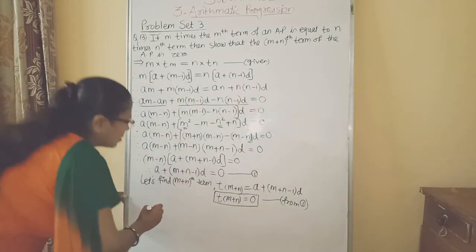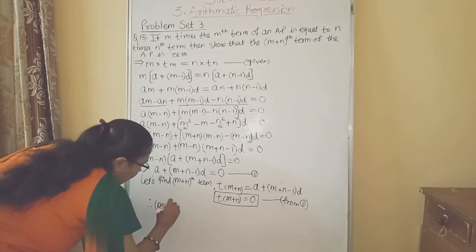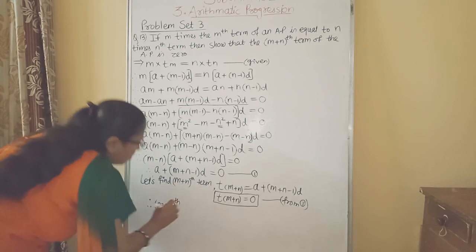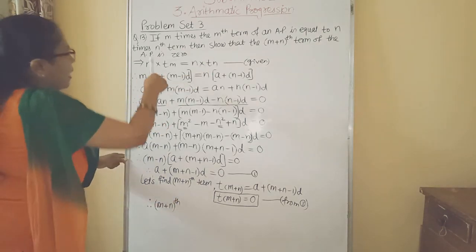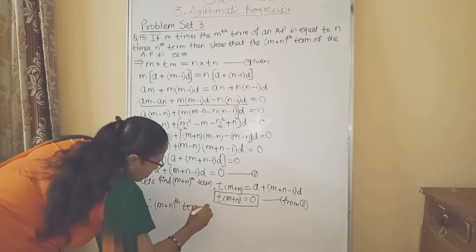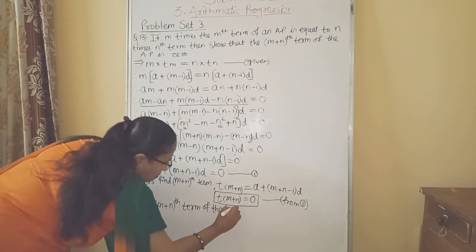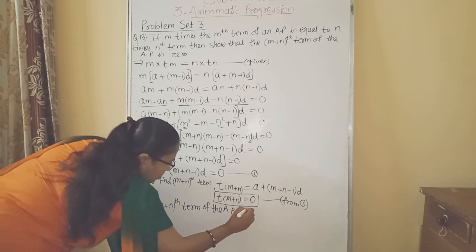So we will write the answer: therefore, the m plus nth term of the AP is 0.